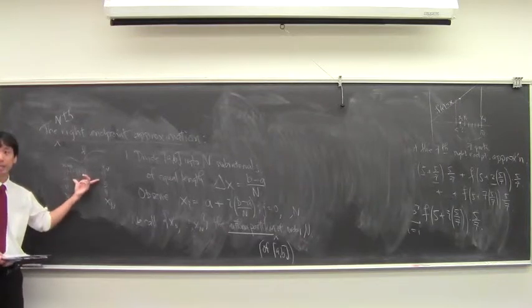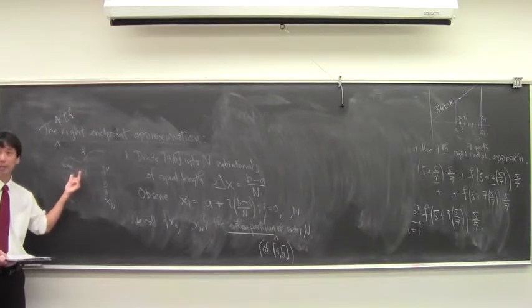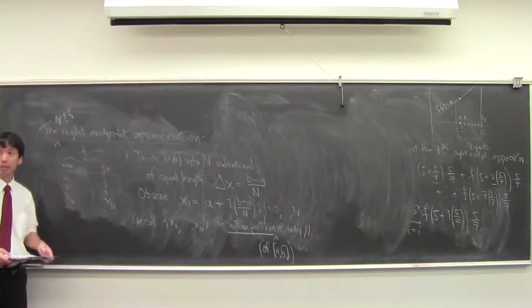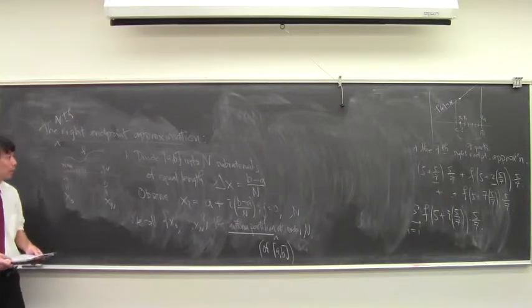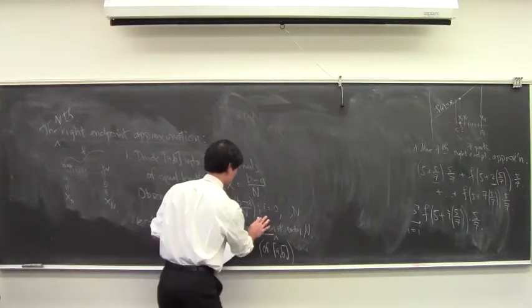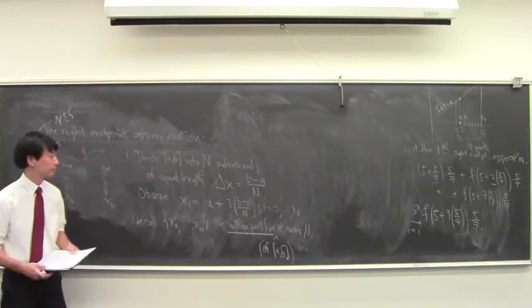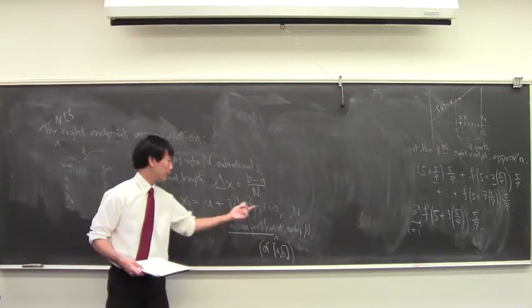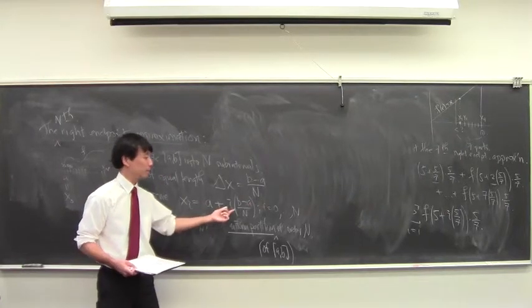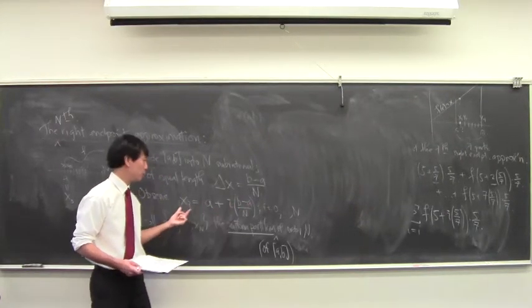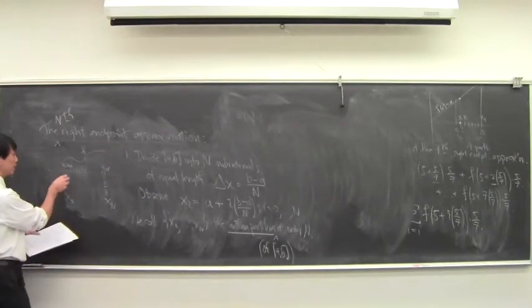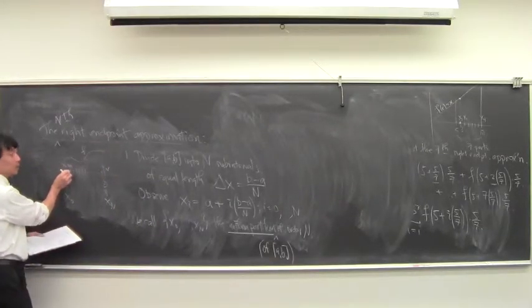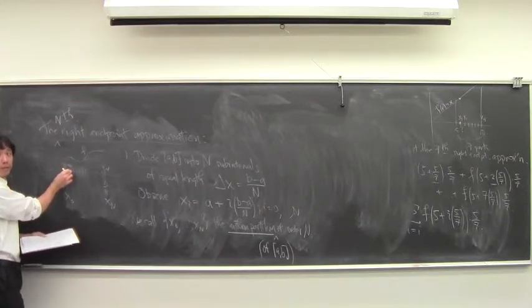You've partitioned the interval into equal guys of uniform width. What's xi? So what's x0? x0 is a plus 0 of these things. x1 is a plus 1 delta x. x2 is a plus 2 delta x's. x3 is a plus 3 delta x's, and so on and so forth.